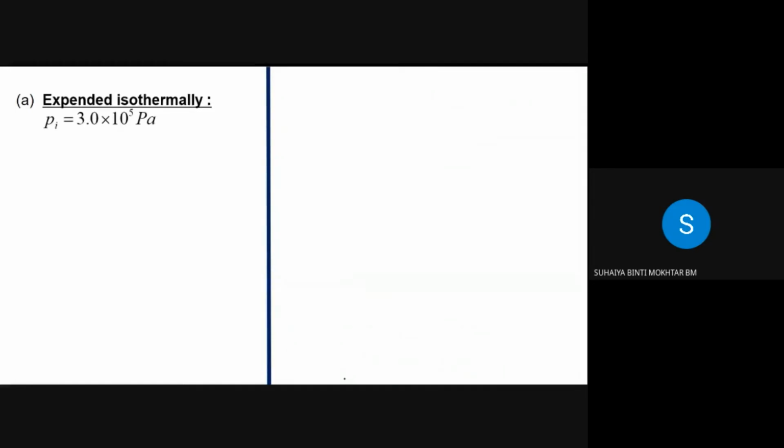Okay, we write again the values we calculated earlier. P initial, P final for the isothermal case. So the isothermal process is complete. With these values we want to sketch the PV graph.